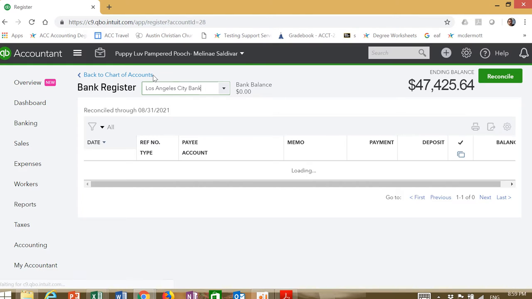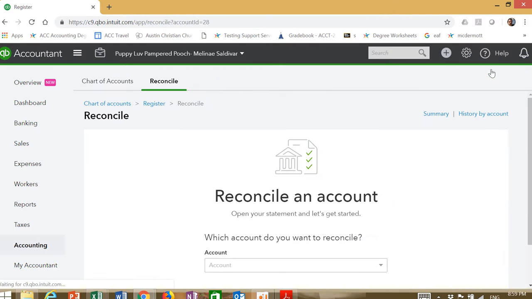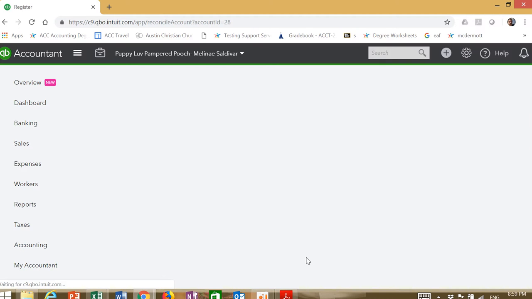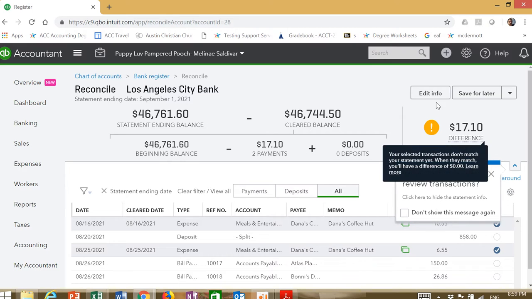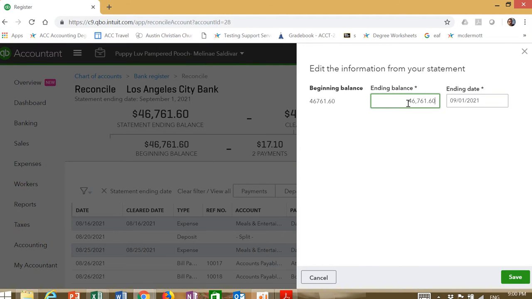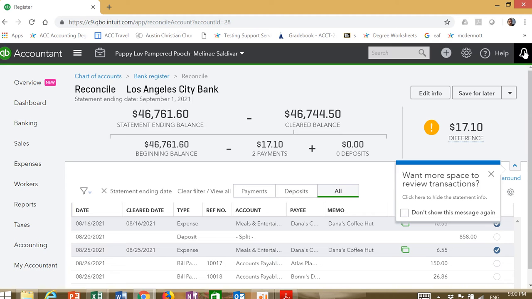Let's try bank register, reconcile, and then resume reconciling. We're going to edit the info. We're going to change this to whatever the difference is.